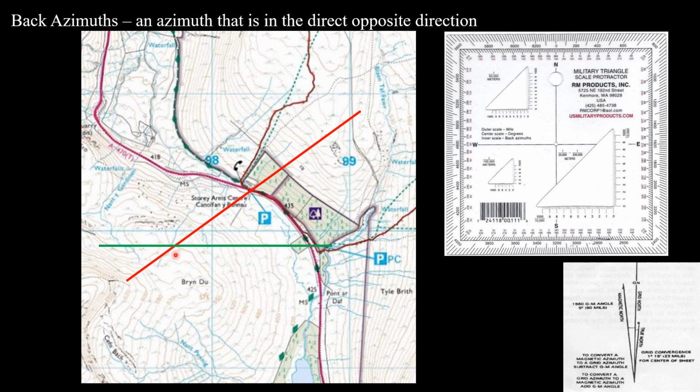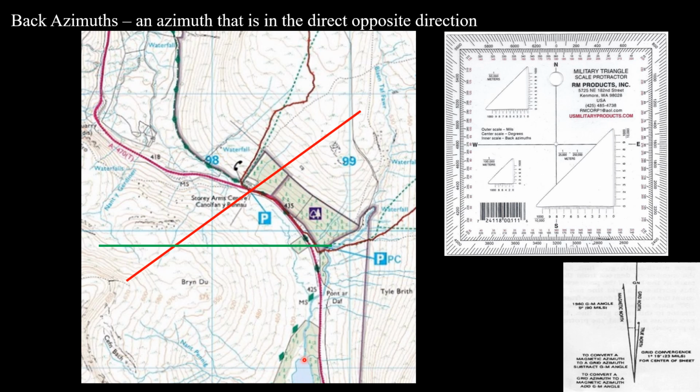So now that you know where you're located, you can navigate to wherever you want to go. Maybe you don't want to go to these parking lots, but these just happen to be easily identifiable features. Maybe you need to head somewhere south or wherever, but from here you can then use your map, compass, and protractor to make an azimuth to wherever you want to go.